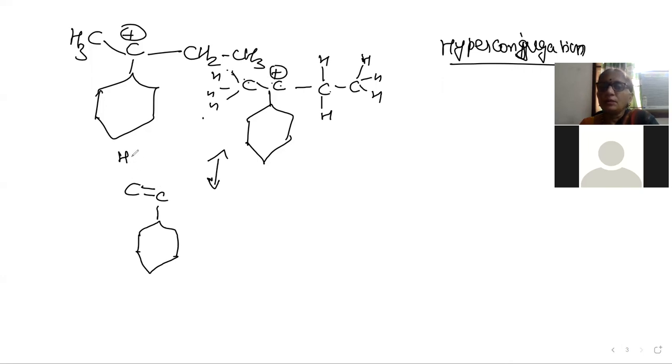So the positive charge is held by the hydrogen now, because the bonded electrons which were satisfying the duplet configuration of hydrogen have totally shifted here, right? So this hydrogen ends up with the positive charge. So the positive charge here is transferred to this hydrogen, and that stabilizes the carbocation.